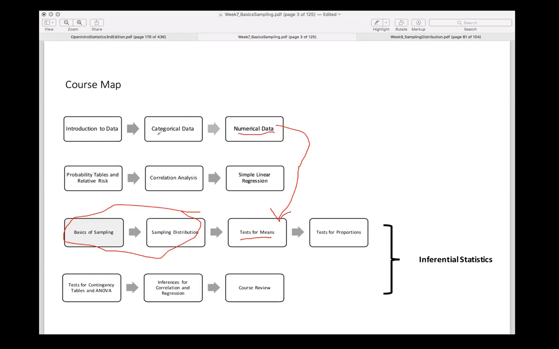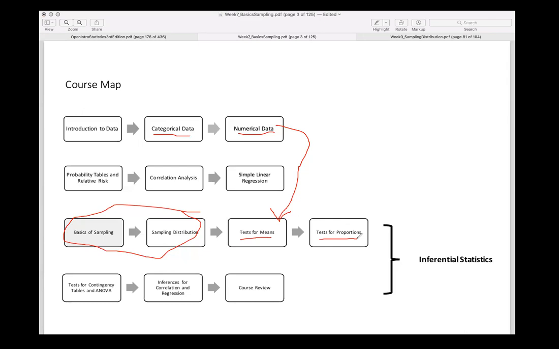When we look at the categorical data and we look at tests for proportions, remember a proportion is a percentage, or it is simply a probability. Regardless, a test for proportions is a test in terms of categorical data. It's a test of categories.